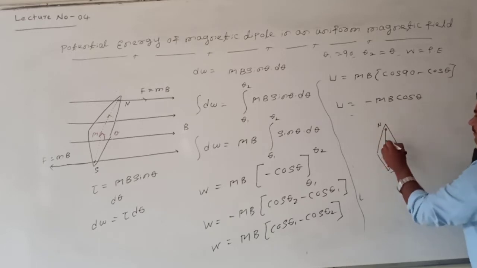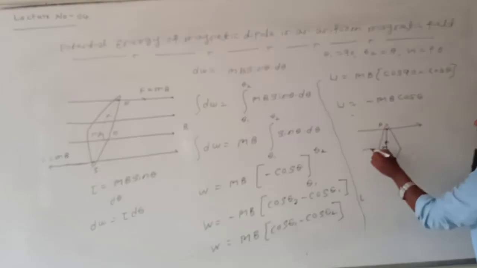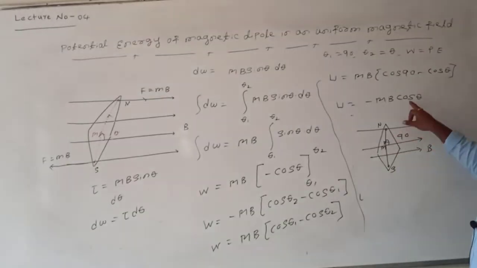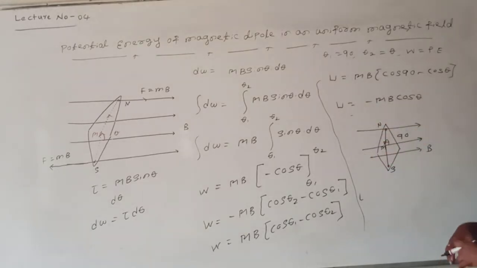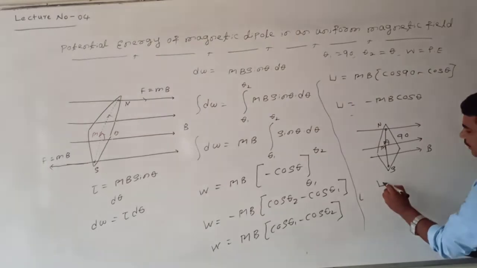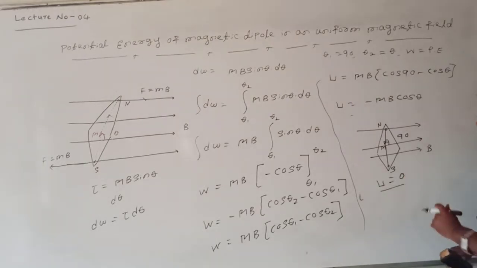And the direction of the magnetic dipole is from south pole to north pole. So the magnetic field is B. What angle is available here? 90 degree. Wherever cos 90 is 0, then U is equal to what value? 0. Because cos 90 is 0, 0 into this value is 0. Then the potential energy must be 0.